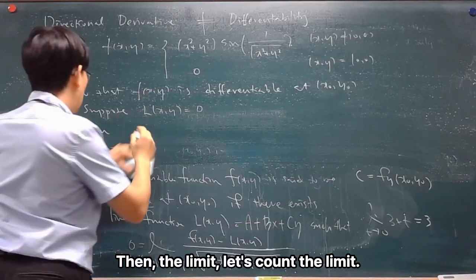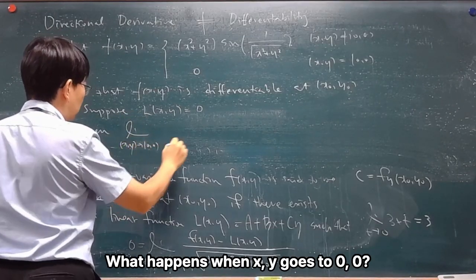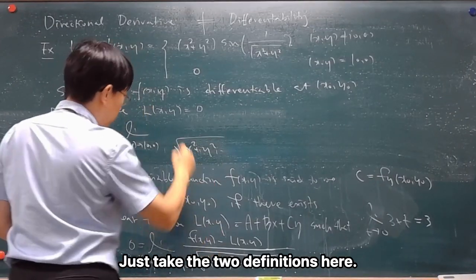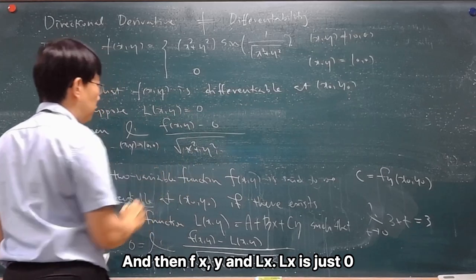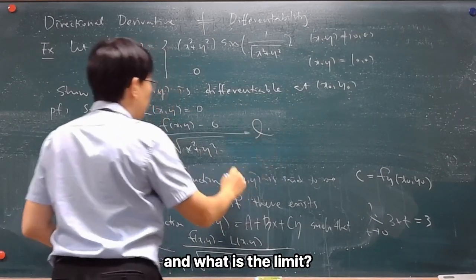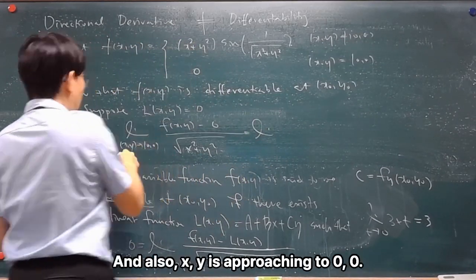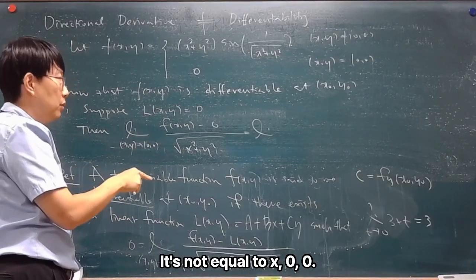let's compute the limit. What happens when (x, y) goes to (0, 0)? So we take the definitions here, f(x, y) and L(x, y), which is just 0. And what is the limit? I'm taking a square root here, and also (x, y) is approaching (0, 0), it's not equal to (0, 0).